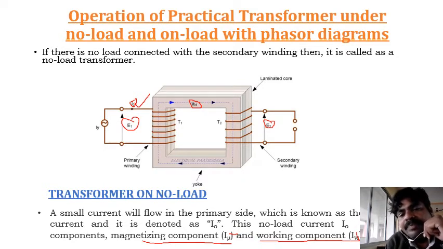This no load current can be divided into two components: the magnetizing component and the working component, also called the wattful component.